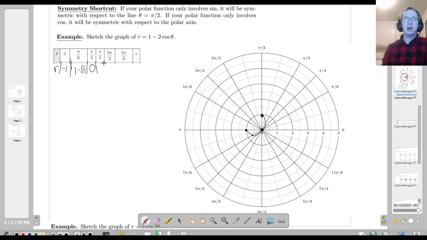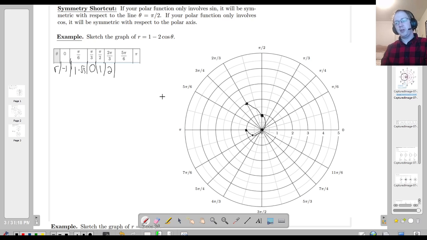So now let's try 2 pi over 3. So the cosine of 2 pi over 3, well, let's see, that would be negative 1/2. So this is 1 minus 2 times negative 1/2, or in other words, 1 plus 1. That's going to take me out to 2. Keep connecting those dots. 5 pi over 6.